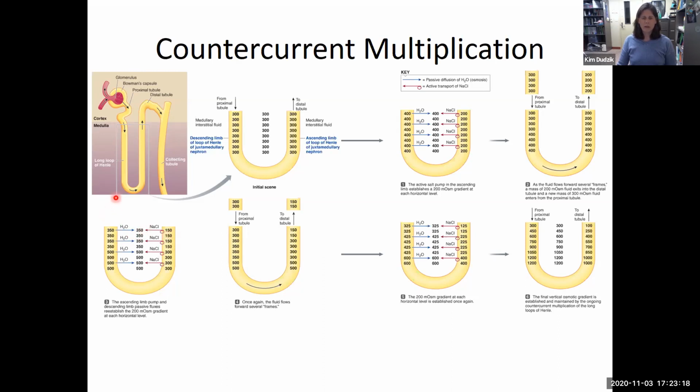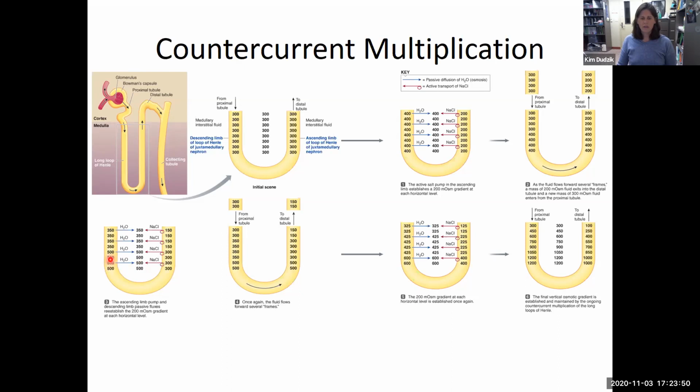So the fluid coming down here was 300. It equilibrates till it's isotonic with this fluid. Down here, we had a difference, right? We pushed 400 around and we start to pump sodium out. That means we added 100 into the interstitial fluid and we subtracted 100, so that's a gradient of 200.